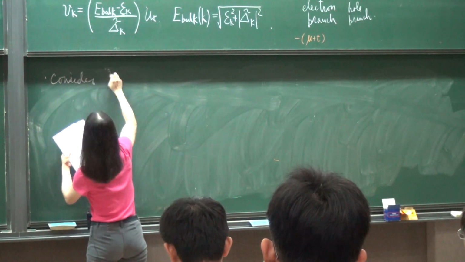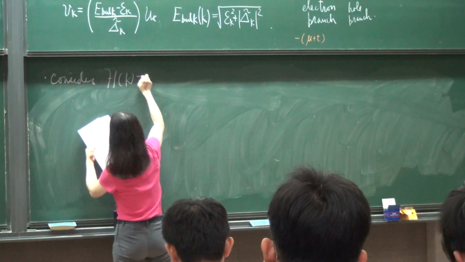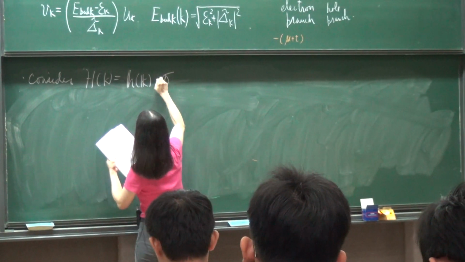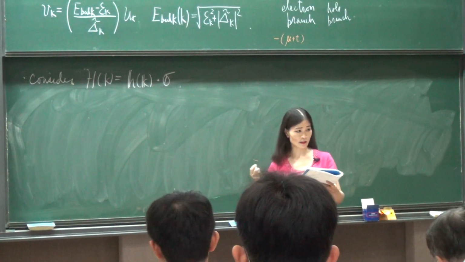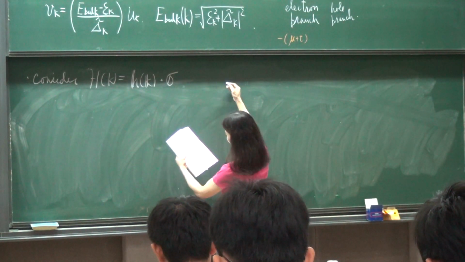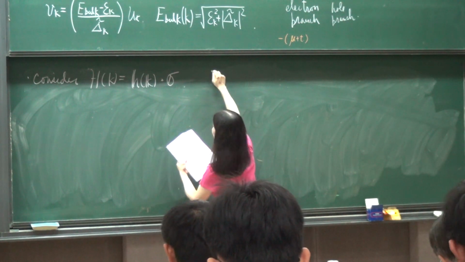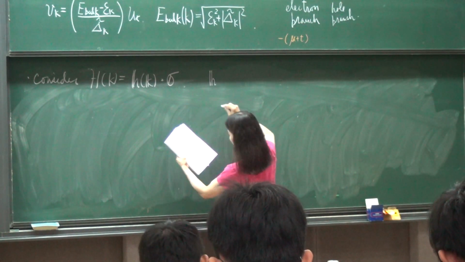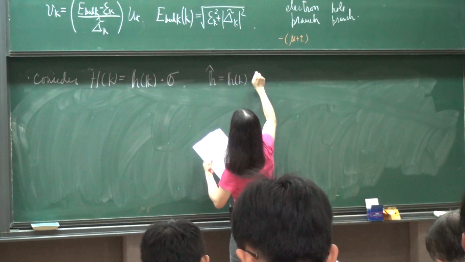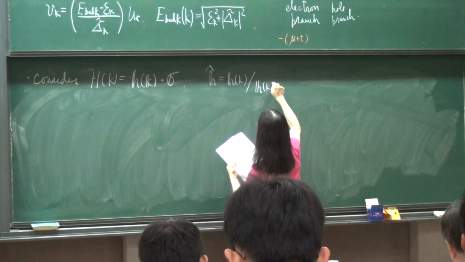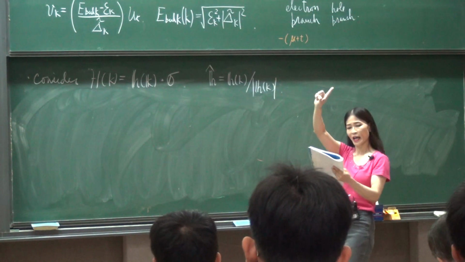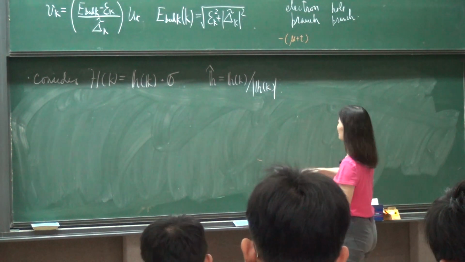So again, we consider h of k. You write it as the small h of k dot Pauli spin matrices. So the same trick we have done earlier, okay? And you can start examining this situation. So I can define this h hat as h of k divided by its absolute value. And then we just see how this h hat points around.